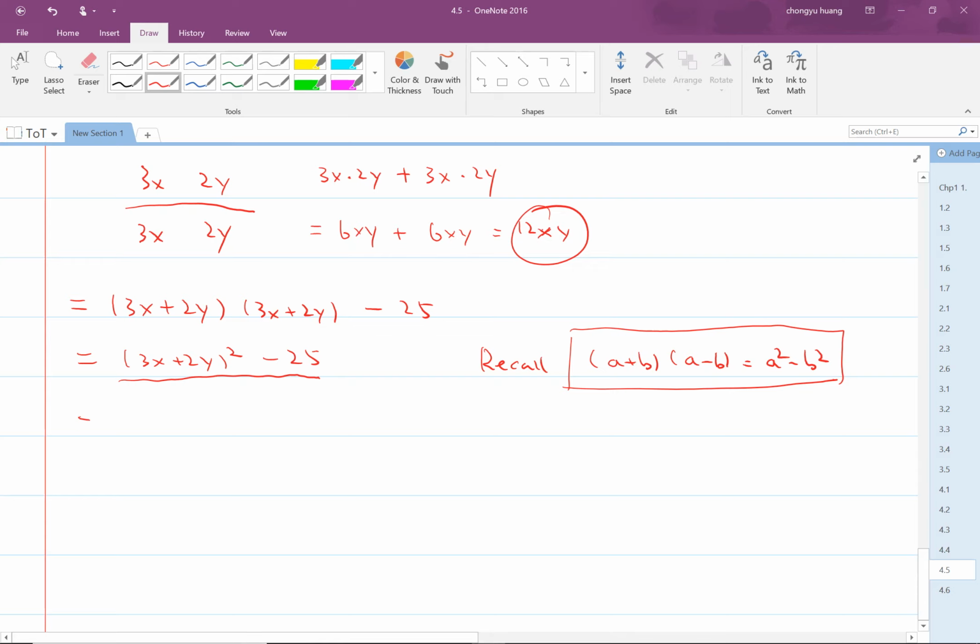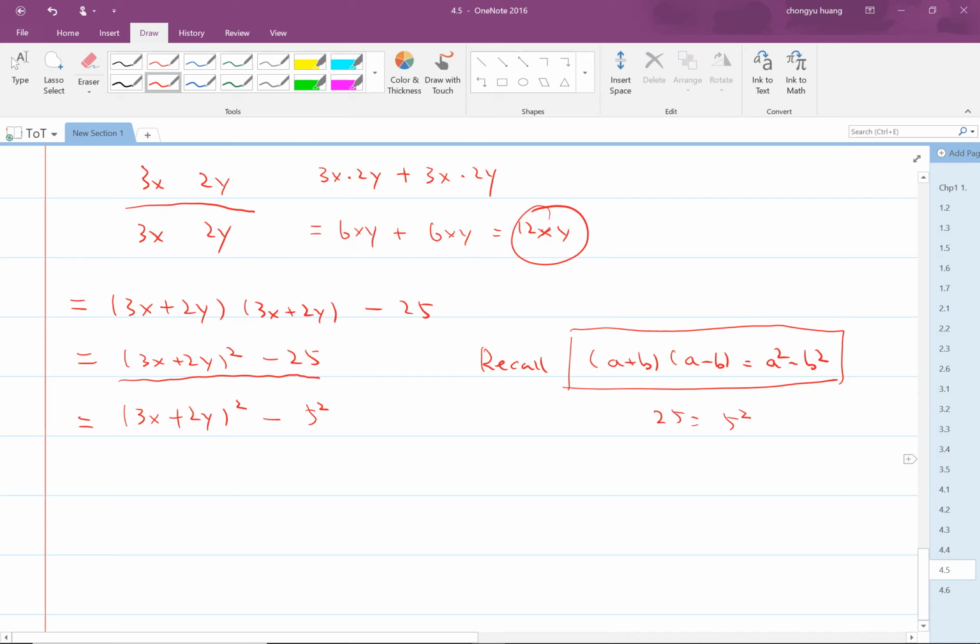Let me show you. We still have 3x plus 2y squared, but you can write 25 as 5 squared, which is a perfect square.